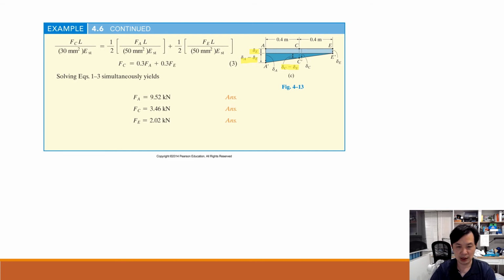This one is twice as much as this one. Once we have this relation, we can put it in the equation and derive the third equation, F_C equals this relation. Then finally, solve equations 1 to 3 simultaneously and get the force at A, C, E independently.